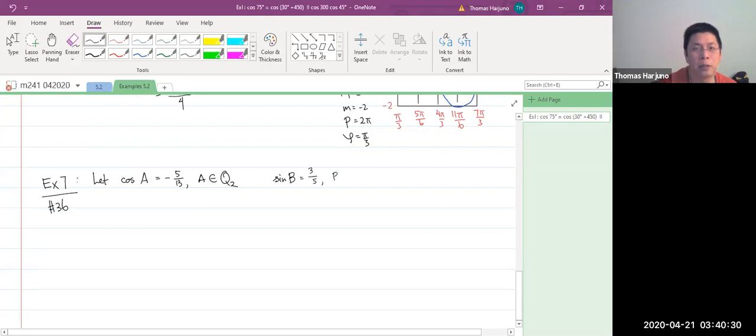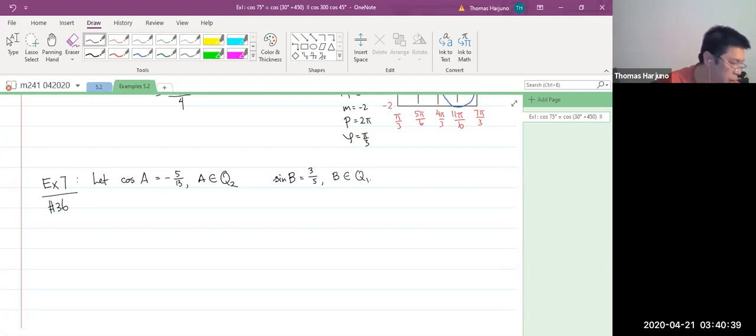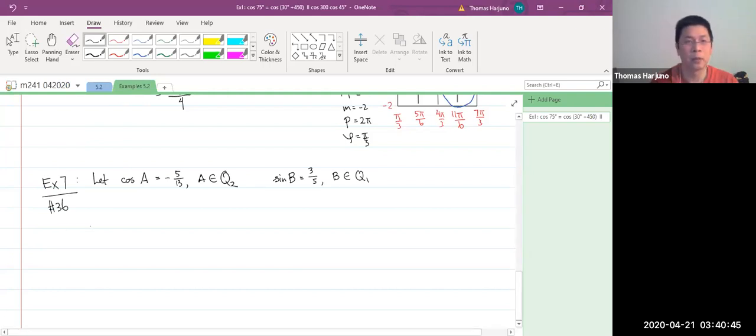B is in quadrant 1. Now the questions are: part A, find sine A minus B. And question B is find cosine A minus B. We will answer part C later on.